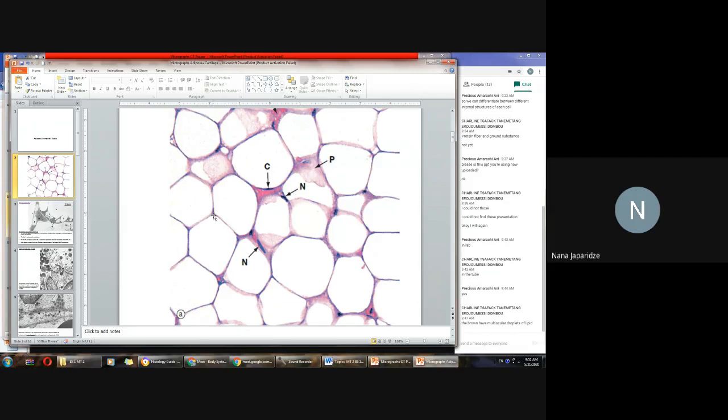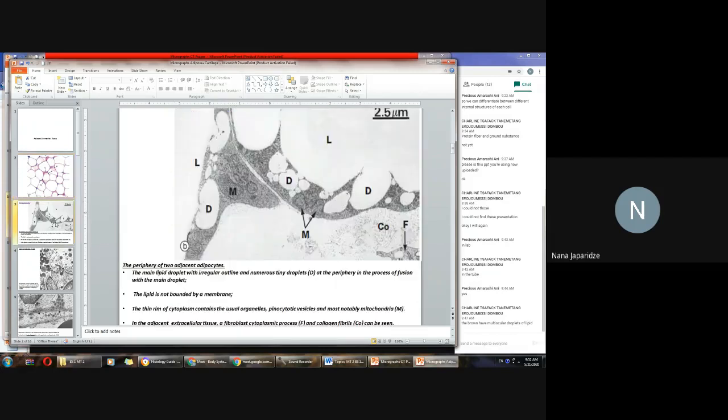So this small rim, this dark line actually, is represented here with a much higher magnification and a much higher resolution. That is why you can see here mitochondria, look, and small lipid droplets, mitochondria again, and the cell membrane. What you also see here are dots in the extracellular matrix.